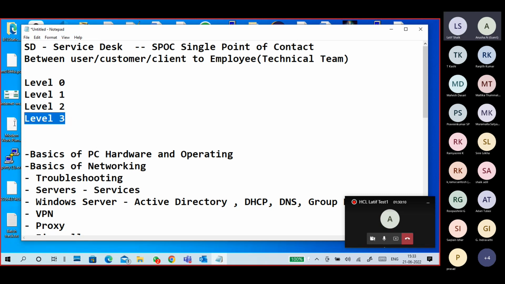L3 again needs experience. For L2, technical knowledge, like troubleshooting knowledge, must be very high. So L0 and L1 are basic supporting roles, solving basic issues.